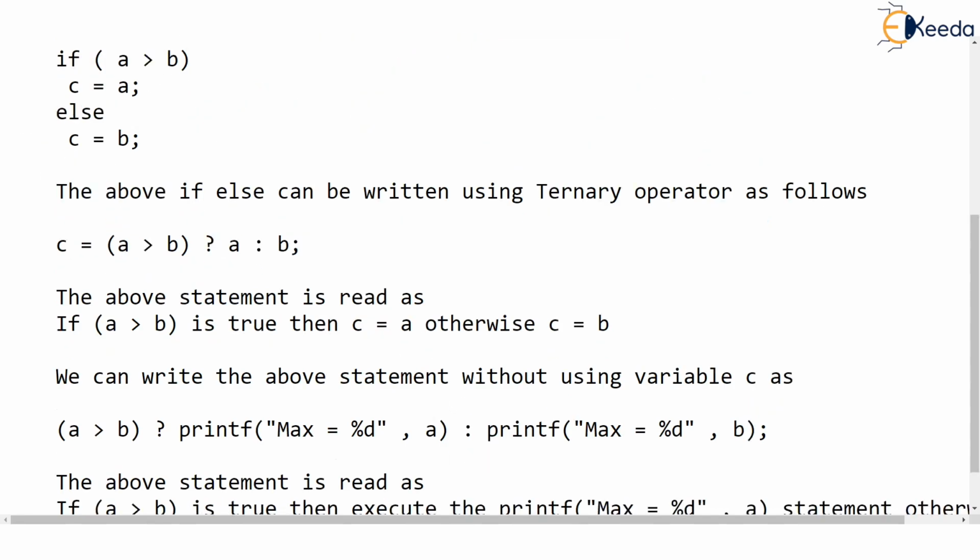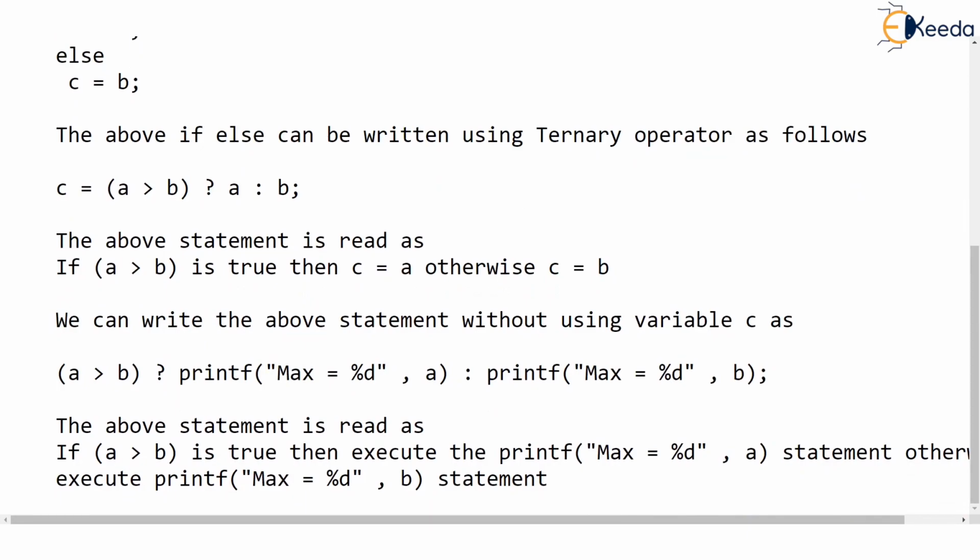Now, what if we are given some question mark expression like this? Just check: A greater than B, question mark, printf max is A, else, printf max is B. Now you notice that this is still a ternary operator.